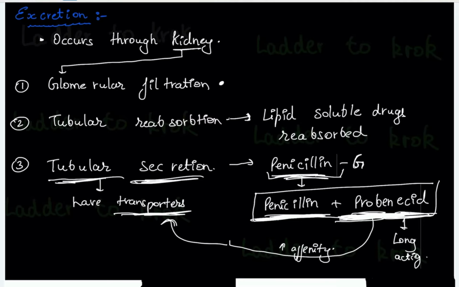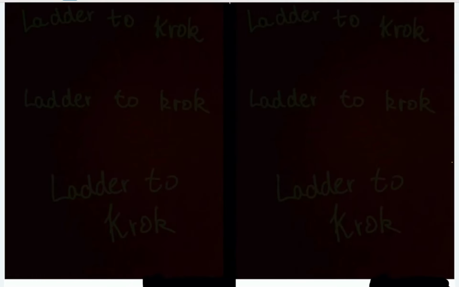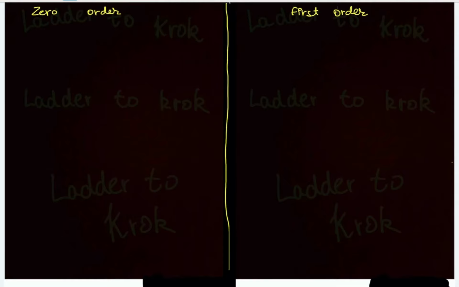Now there are two orders or two ways of excretion: the first is zero order and the second is first order. There are other orders also, but these two are major. In zero order, a constant amount of the drug is excreted.